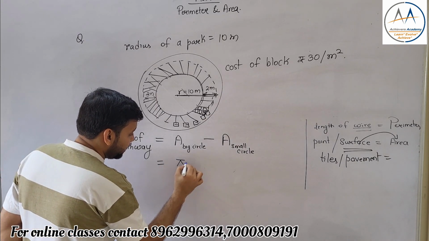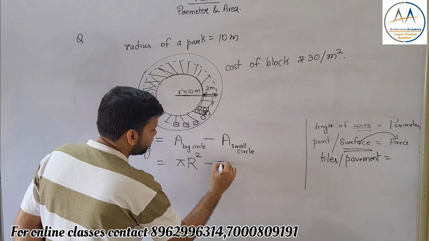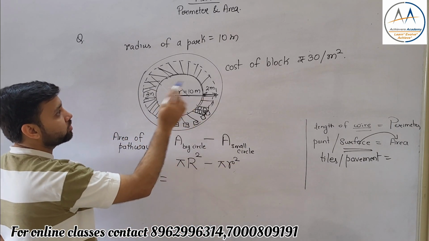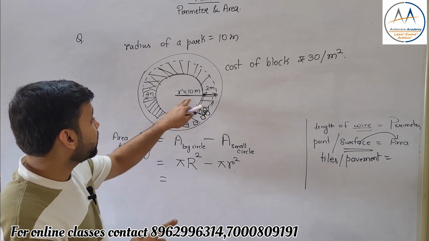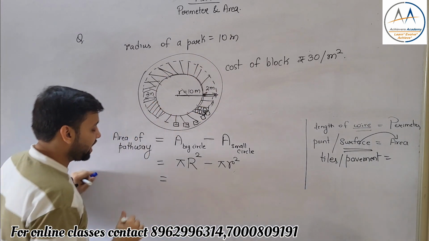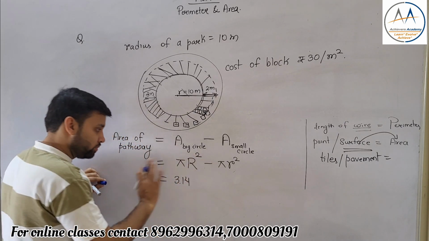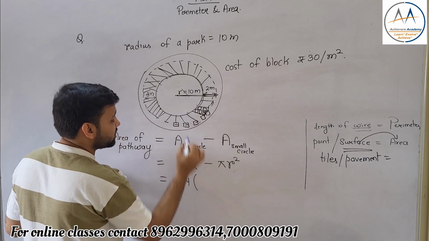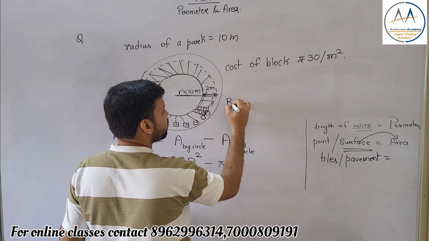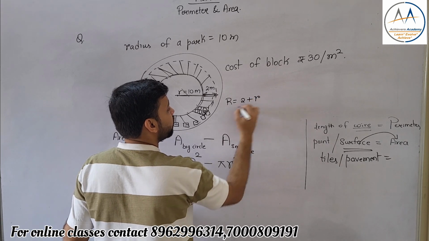So I'll write, sir, pi capital R squared for bigger, minus pi small r squared. Now because there's no number divisible by or a multiple of 7, I can write pi as 3.14. If you want, you can take pi as common also. Okay, so what is the radius? 10 plus 2, 12. You need to show here that the radius of bigger circle is 2 meter plus radius of a smaller circle.